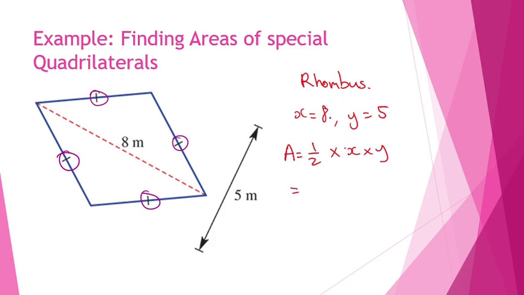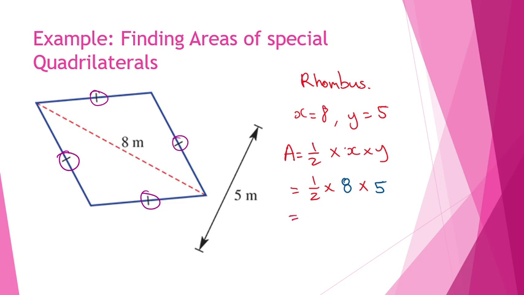Now, I am going to substitute these numbers into the known letters, okay? Basically the whole point is to substitute the known numbers where the letters are. So in this case, instead of writing x again, I am going to be writing the number 8. And then instead of writing the letter y again, I am going to write the number 5.